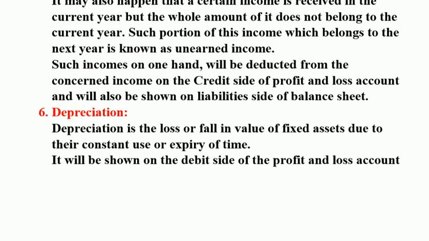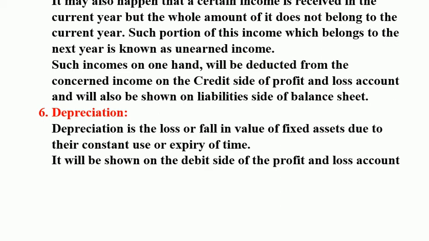And now let's proceed towards the depreciation. So what is depreciation? About depreciation we have already studied in our earlier classes, and right now again I am discussing it. It is a loss or fall in value of fixed assets due to their constant use or expiry of time.